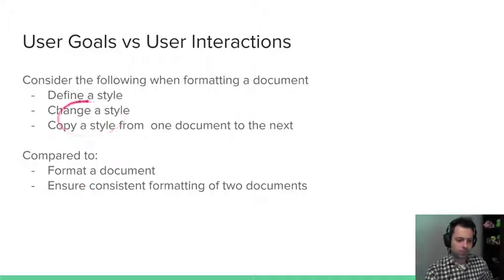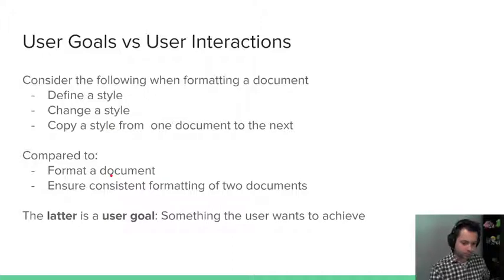If you look at the top one here, it's a lot more detailed, right? We're actually seeing things happen. Whereas here, much more high level. Format a document could really mean anything, which is good for use cases because we have flexibility to define interactions, define implementations later down the road.